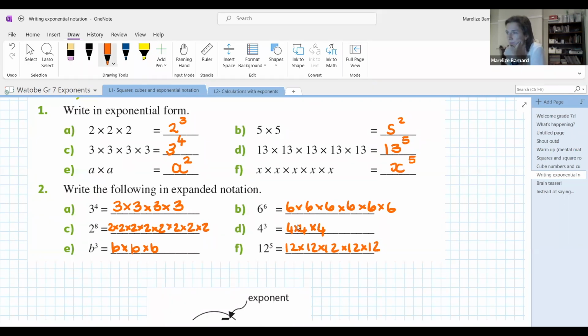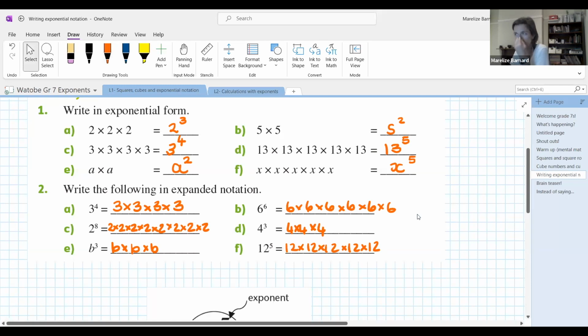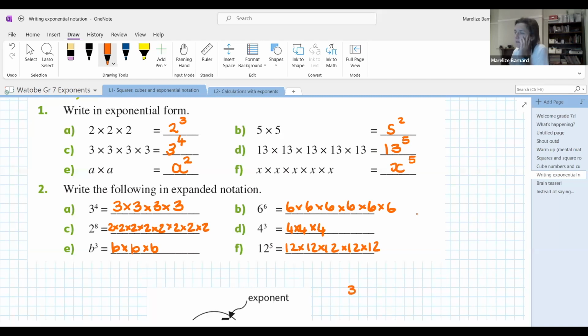Ma'am, with the exponents, if we don't write it above the number, will it be wrong? Like 3 to the power of 4. If I write 34, will it be wrong? Is 3 to the power of 4 the same thing as 34? Let's see.